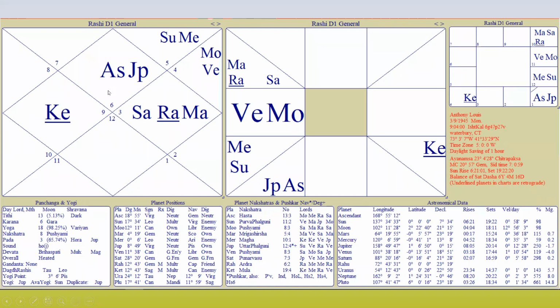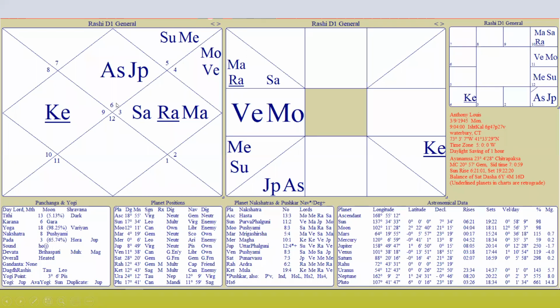Like I said, this may be a little easier for you, but I need you to be familiar with this chart as well as this chart, because throughout this course I am going to use both quite frequently. And this chart is very similar to the Western, so it's a lot easier.